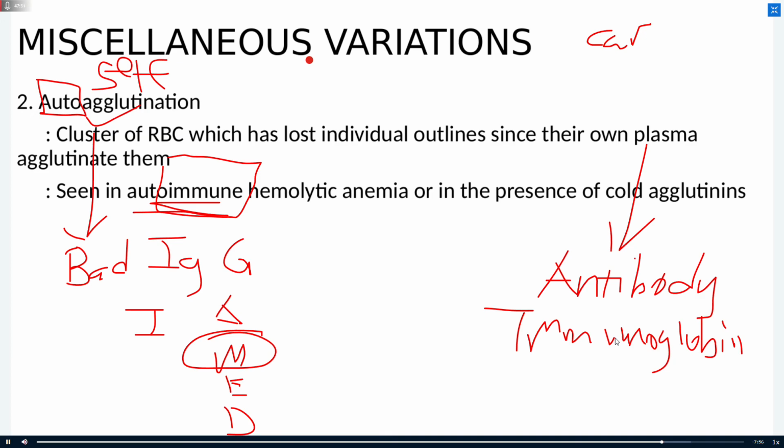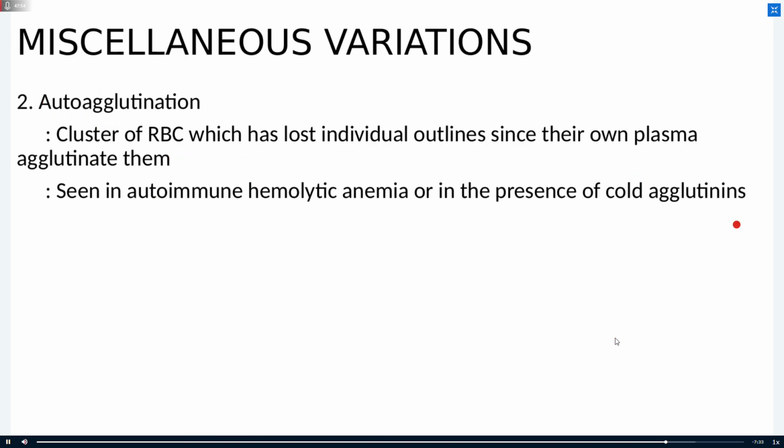Pag secondary infection, IgG. How about the immunoglobulin found in your saliva? IgA. Very good. Yan lang. Okay. Na-refresh ko lang kayo.